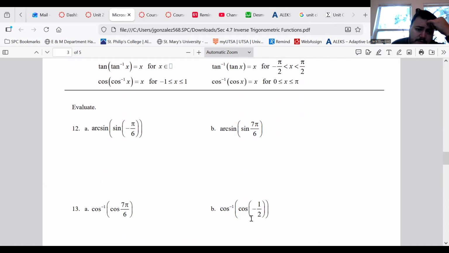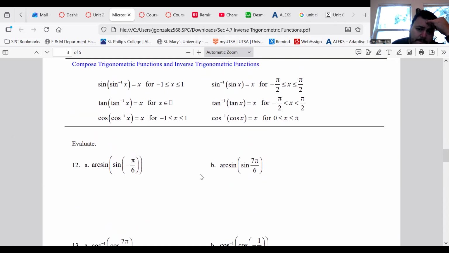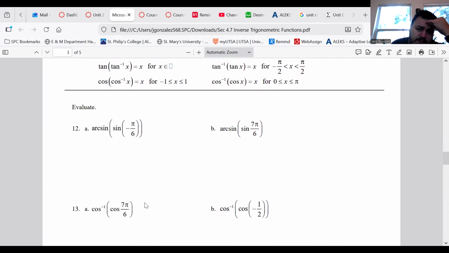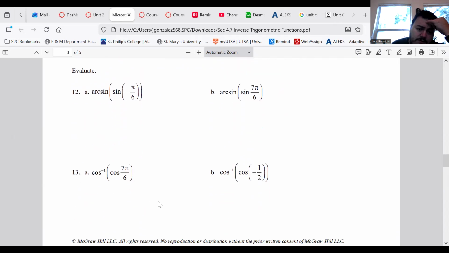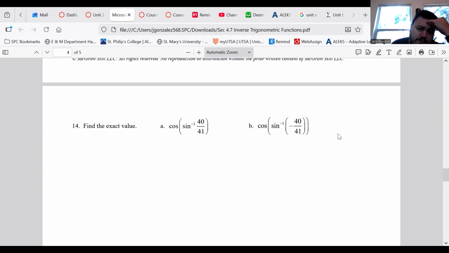So these two b's are undefined. 13, cosine inverse of cosine. 7 pi over 6 again is too large, so these three would be undefined. Now let's do one of these type.